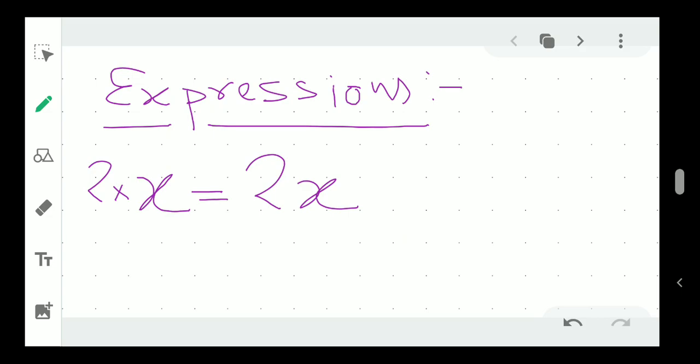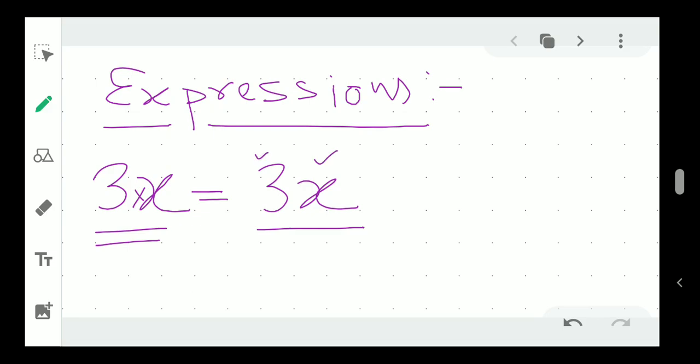Thrice of x means 3 times, so 3 into x, that is 3x. Whenever something is multiplied with a variable, we write it like this without any symbol. If there is no symbol between a number and a variable, or between two variables like xy, that means they are in multiplication form. xy means x into y.